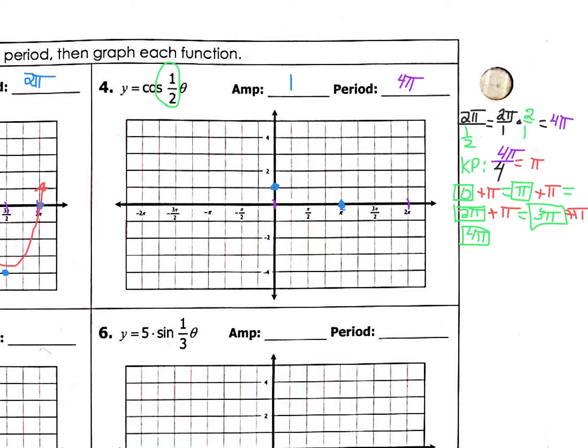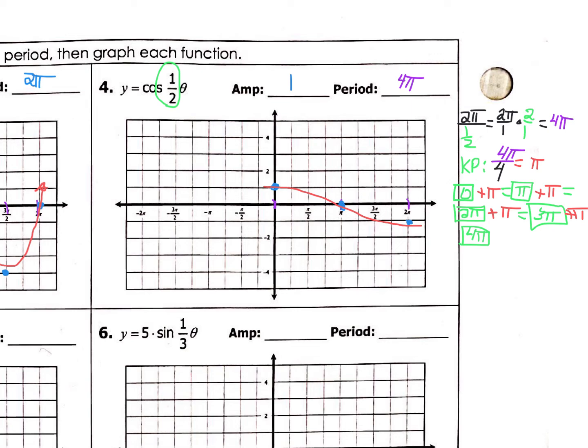And then our next key point, if we were up before, now we're going to go down to negative 1. So I'm going to plot down. And that's half of our period for cosine, because remember cosine normally looks like a U, and so you've got this left side of the U forming, and the right side would go up like this, right? But we're going to go in this direction and follow that same pattern.